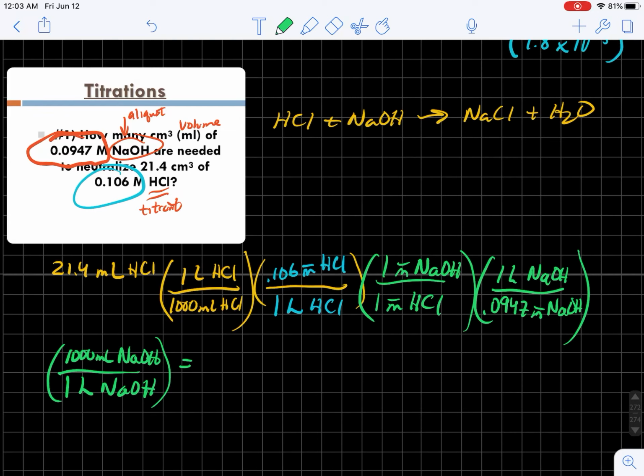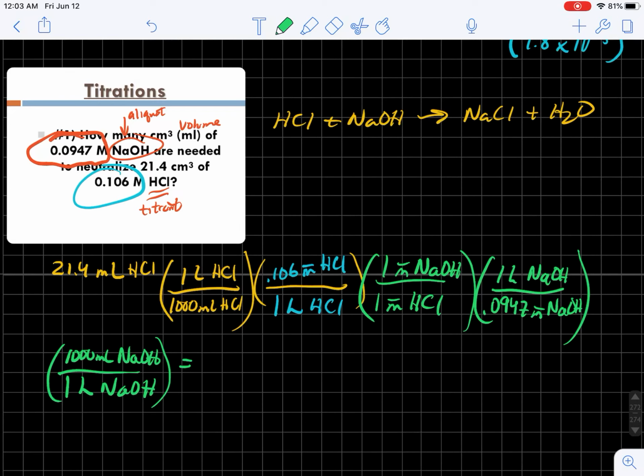So there you go. We started with our titrant. They gave us the volume. If you know the volume and the molarity, you can get the moles. And according to the balanced equation, 1 mole of acid neutralizes 1 mole of base. From there, we knew the number of moles per liter for the base, and they were just asking us to predict how many milliliters of that we would need.